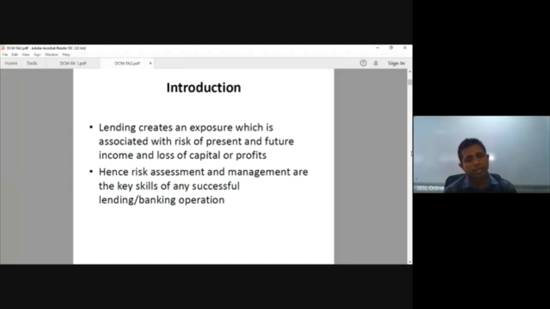Therefore, risk assessment and management are the key skills of any successful lending banking operation. First, you have to assess the risk, then you have to manage the risk, right?